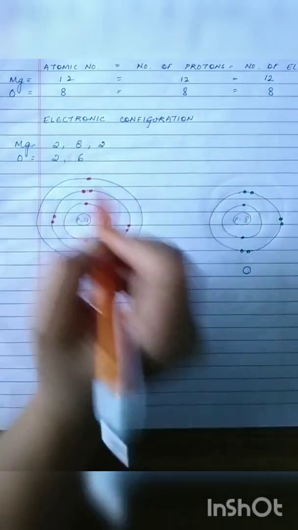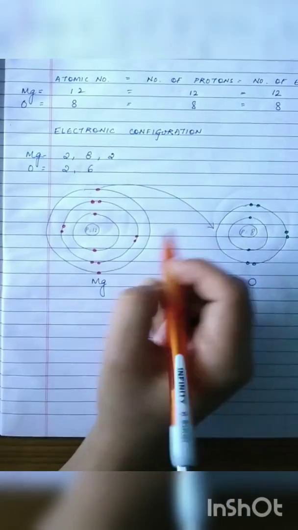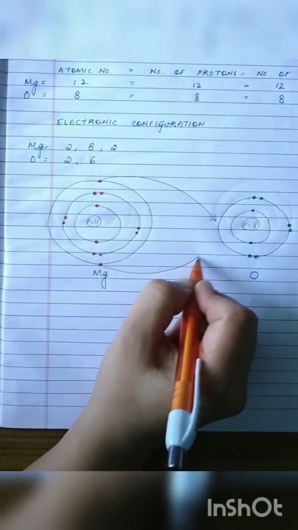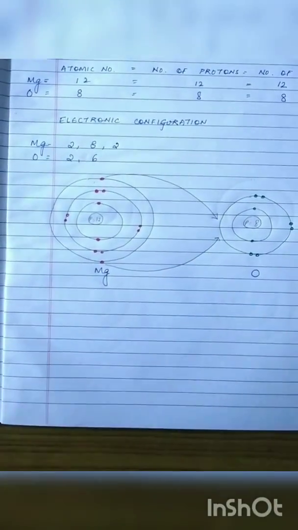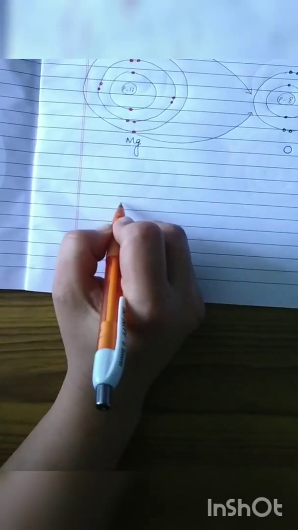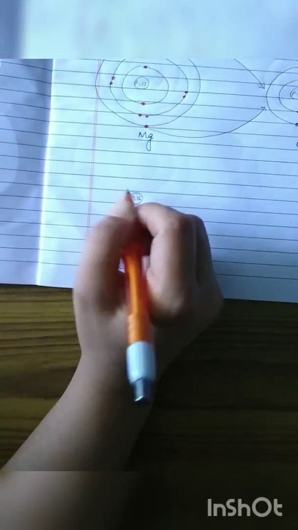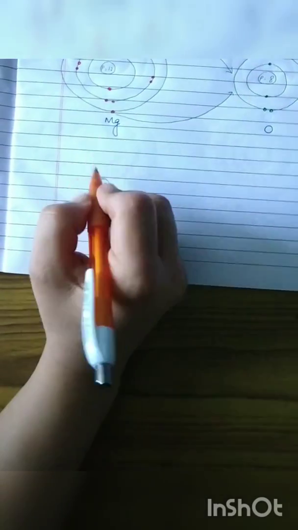So oxygen needs 2 electrons to form a stable configuration, and magnesium has to give away 2 electrons to form a stable configuration. So here magnesium is giving its electrons to oxygen. So in the nucleus, even after giving electrons, the number of protons will remain the same, that is 12.